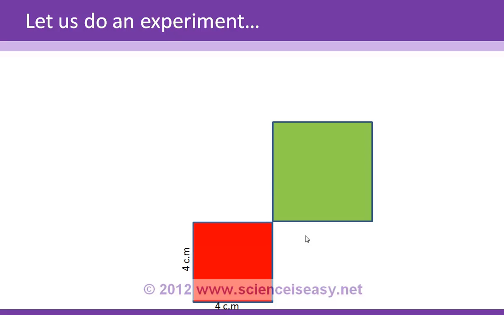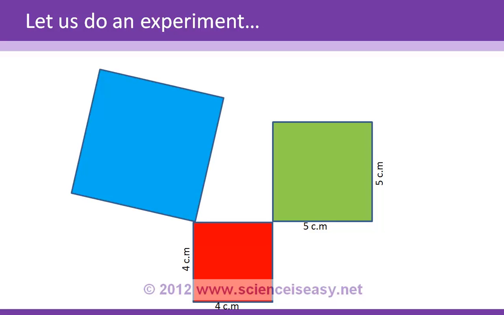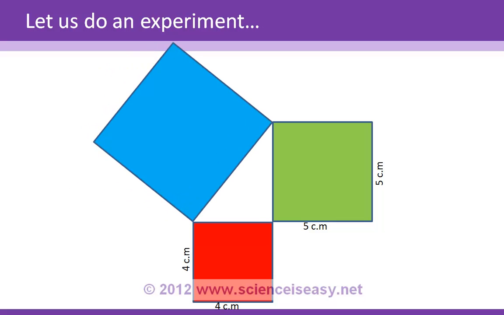Let's say the dimension of the square is 5 cm. Now let's bring one more square into the picture, and I will arrange it such that the third and biggest square touches the corners of these two squares.